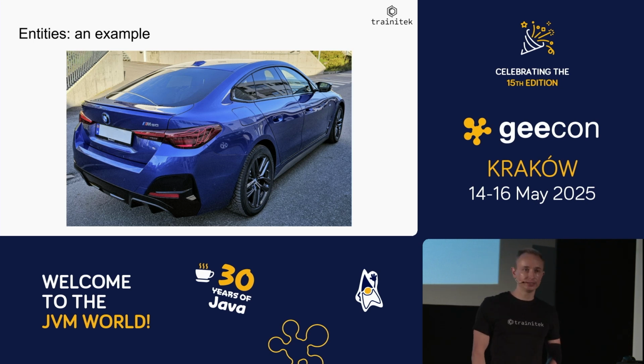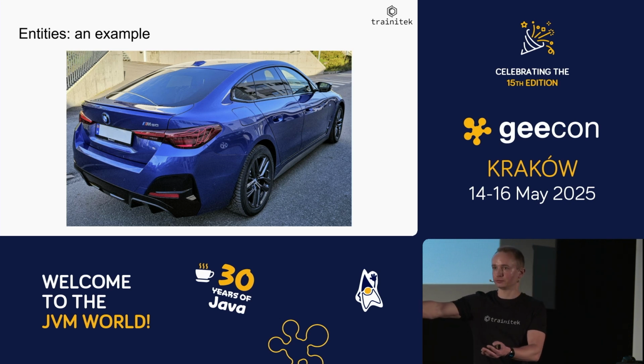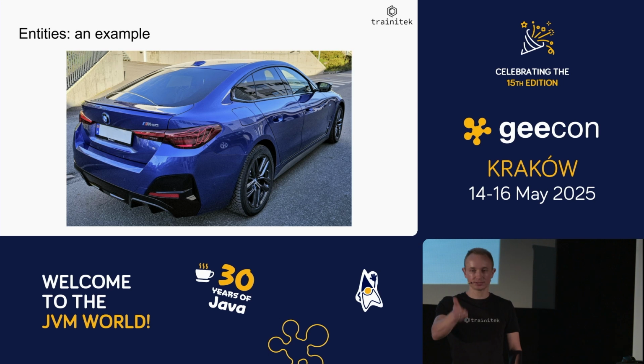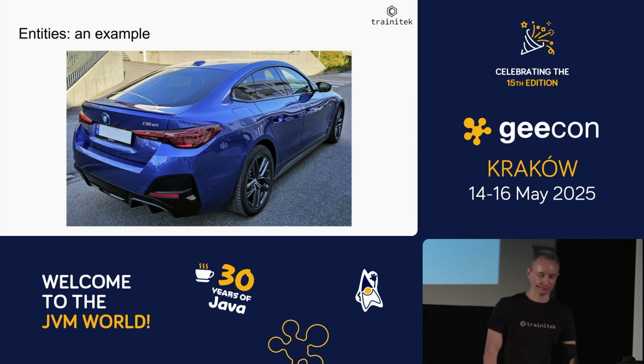Let's imagine a colleague of mine decided to buy exactly the same BMW with all the specs, the same color. I just come to the office and I'm shocked. I can't understand what my car is doing here in the parking lot, because it should be at home. It was a colleague of mine who actually bought the same BMW for himself.